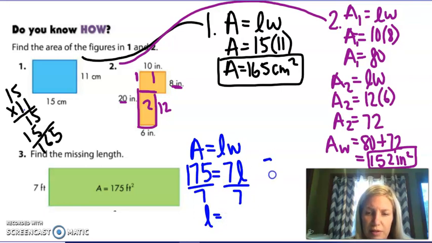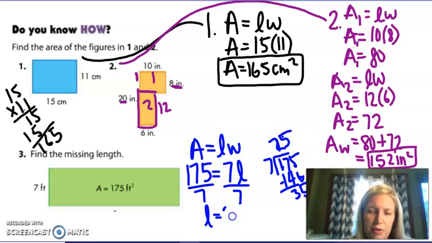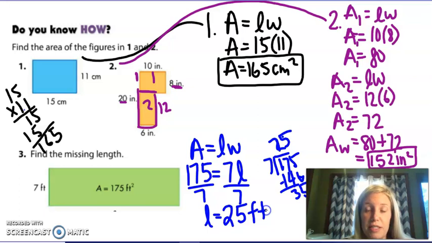So I do 7 goes into 175. Goes in, nope, twice. Which is 14. Subtract to get a 3, and bring that down, get a 5. 7 goes into 35 5 times. So that means my length is 25 feet. Remember, it's not feet squared because it's not the area.